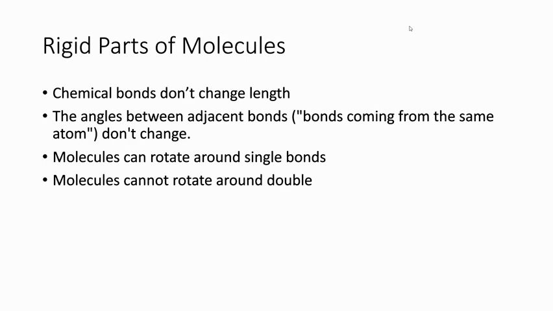But if I have something else, if I have a single bond between chlorine and oxygen, and then there's a hydrogen over here, this single bond, the hydrogen can start to spin. And so that distance can change between the hydrogen and these electrons. That distance can change. Okay?